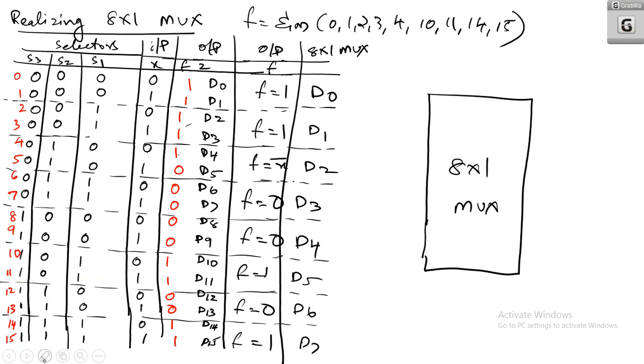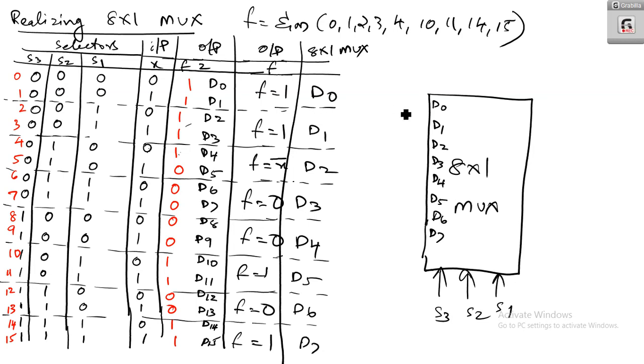Okay. So I will give the inputs as D0, D1, D2, D3, D4, D5, D6 and D7. The selector switches are S3, S2 and S1. Okay.